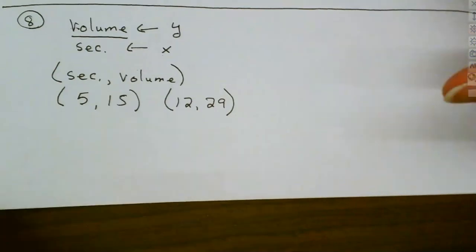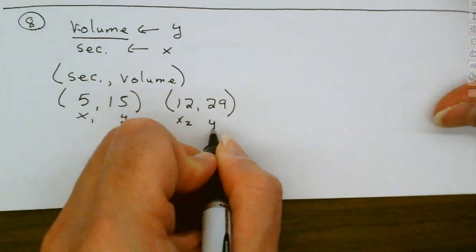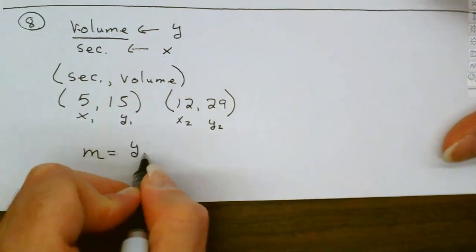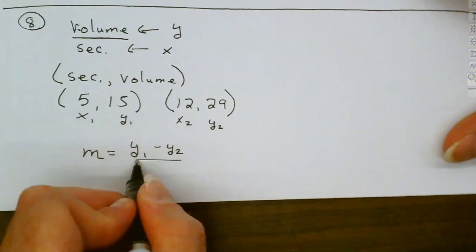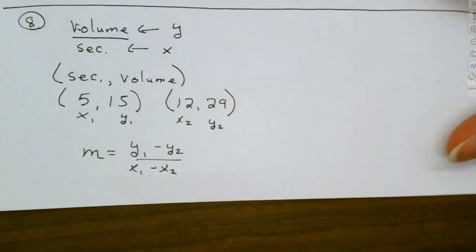our slope. So x1, y1, x2, y2. And our slope formula is y1 minus y2 over x1 minus your x2.